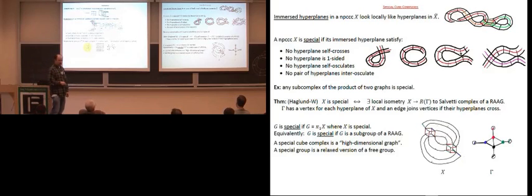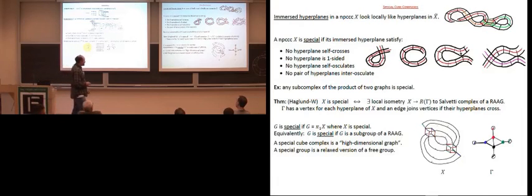Local isometries between non-positively curved cube complexes induce pi1 injections. Okay, so what you should get from this is that we have this crazy, or maybe you like it, definition of a special cube complex, an organized cube complex, and being the fundamental group of one of these things is basically the same thing as being a subgroup of a rag. Okay?